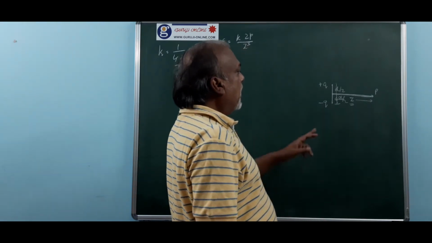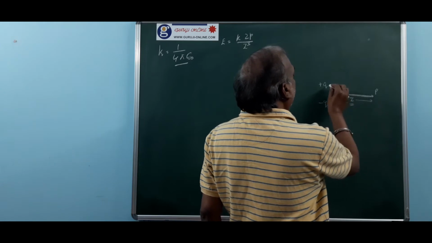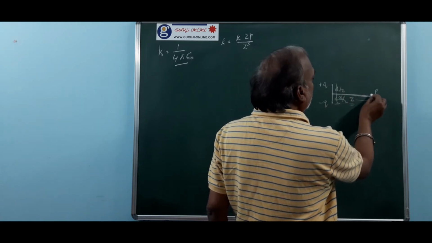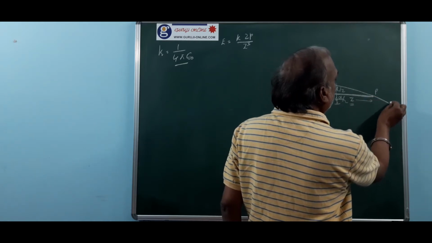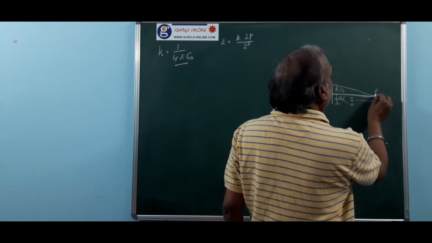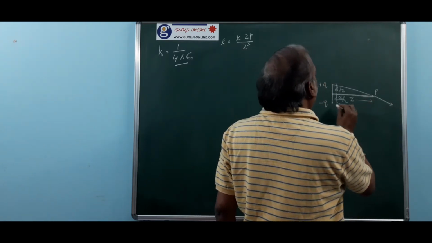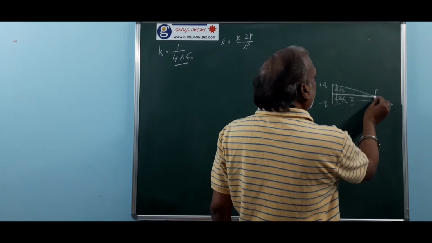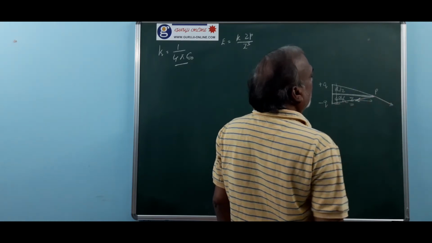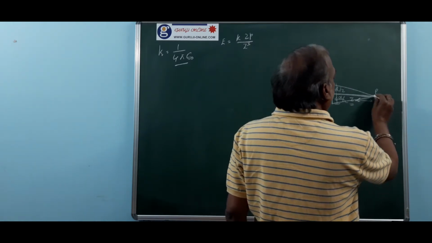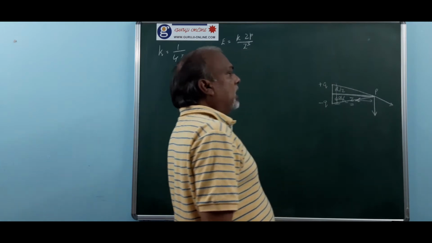Okay, now let us see what will be the electric field. Due to this plus charge, it will have electric field like this, and this is minus, so this will have electric field like this, and there will be a resultant like this.